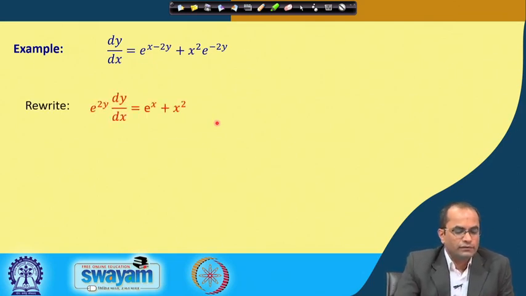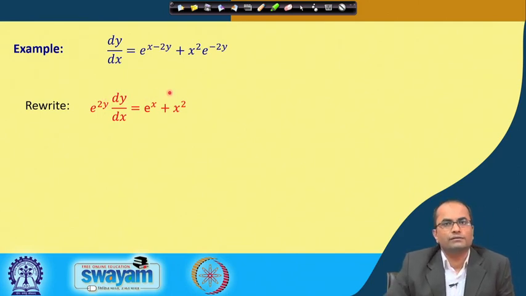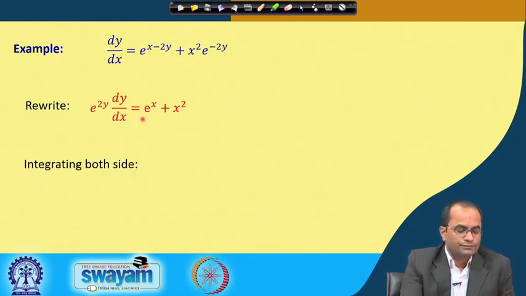So, here we can rewrite this. We multiply e^(2y) to this equation, and automatically the right hand side becomes e^x plus x^2, free from y. So, we have everything a function of y on this side, and the right hand side a function of x. Now we can easily integrate this equation.